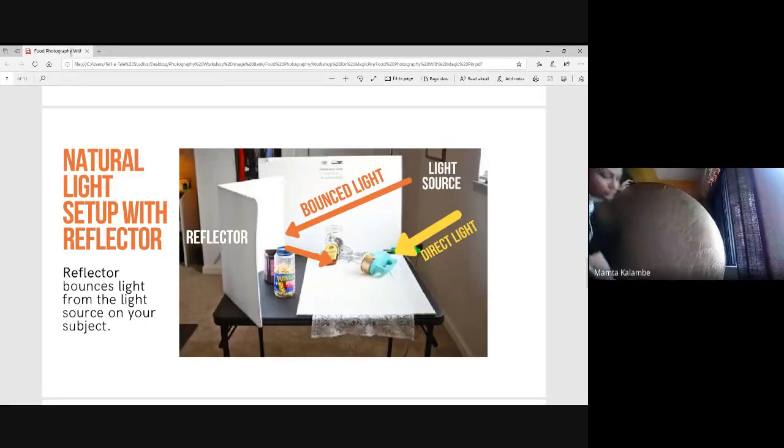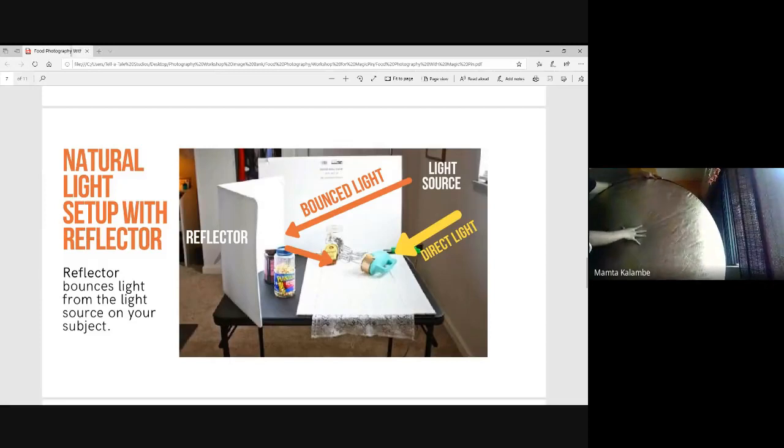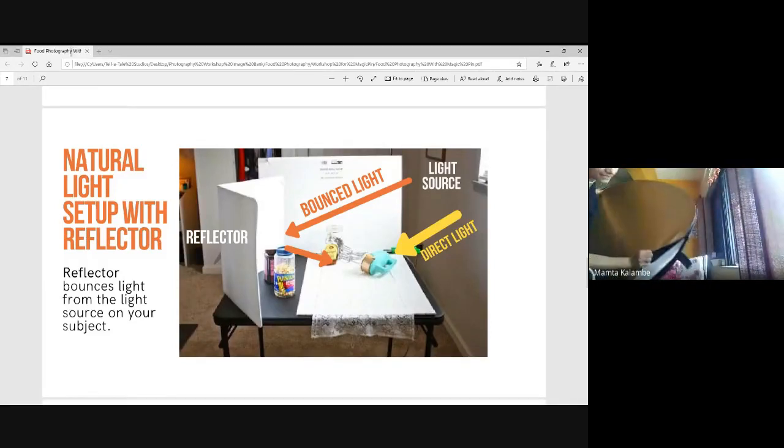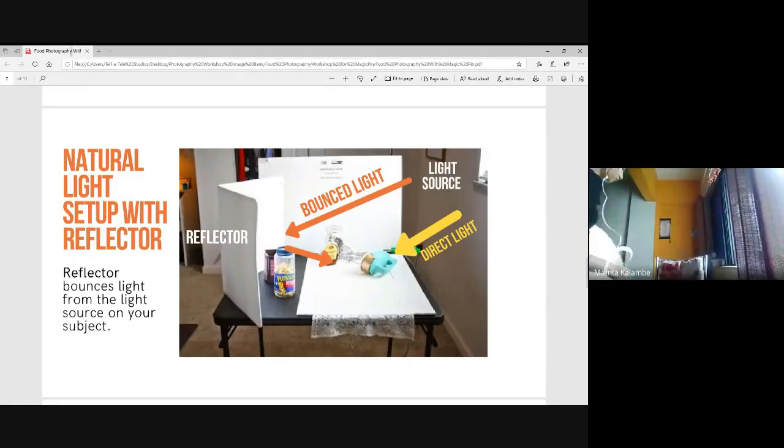It comes in two different sheets. This is a golden fabric, and the other side has a silver fabric inside. Especially when you're shooting during the rainy season, I always move my setup towards the window. My window is over here. I'll always take my setup towards the window and shoot.